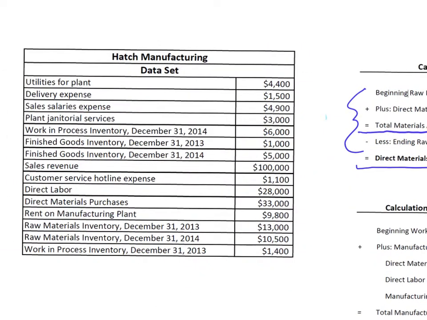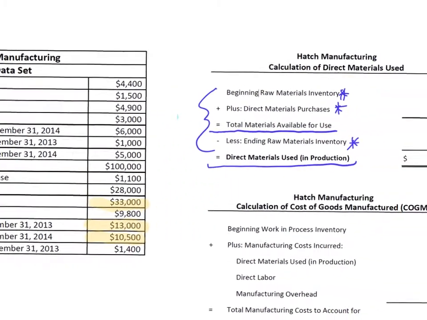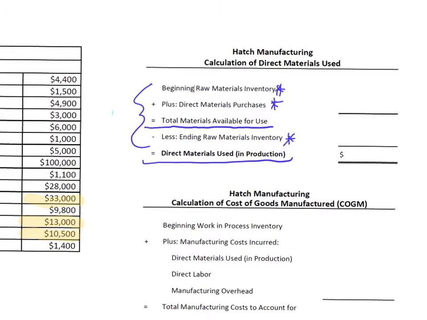So we need first beginning raw materials, direct materials purchased, and ending raw materials. Now let's go plug those 3 figures into our schedule. Beginning raw materials is $13,000. Direct materials purchased is $33,000.